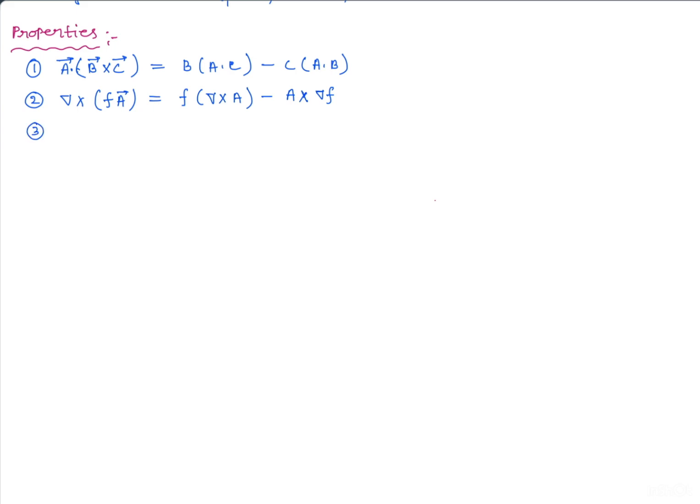Next, grad of (A dot B) and related identities, with V dot curl of A minus A dot curl of V. For the normal vector to a scalar surface, n cap equal to grad phi by mod of grad phi.